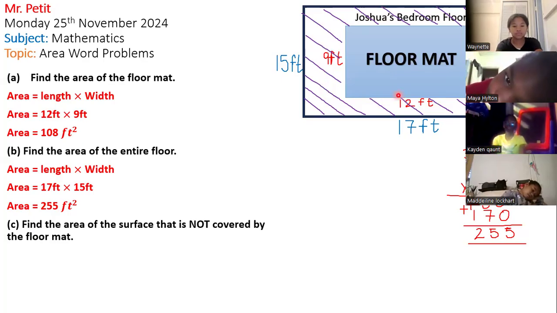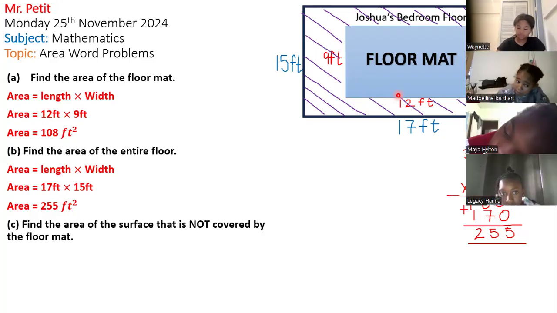Length times width is only for rectangles. Any ideas? Madeline? Do you know? How are we going to find the area of the thing that's surrounding?